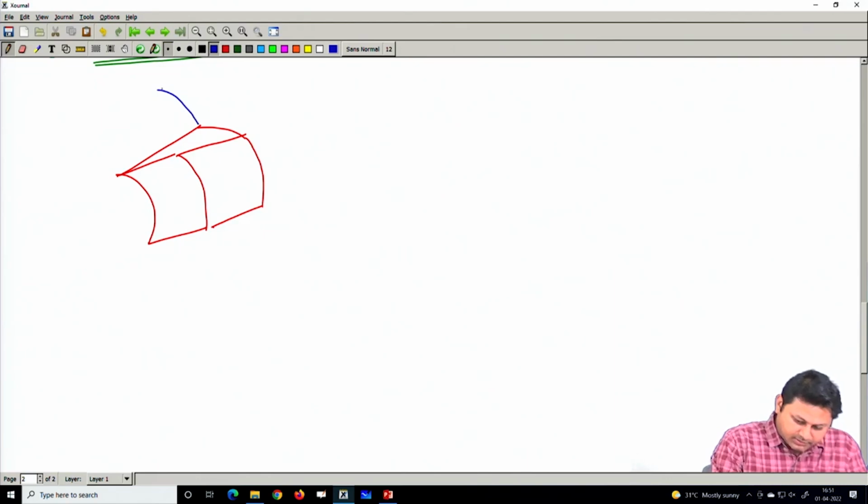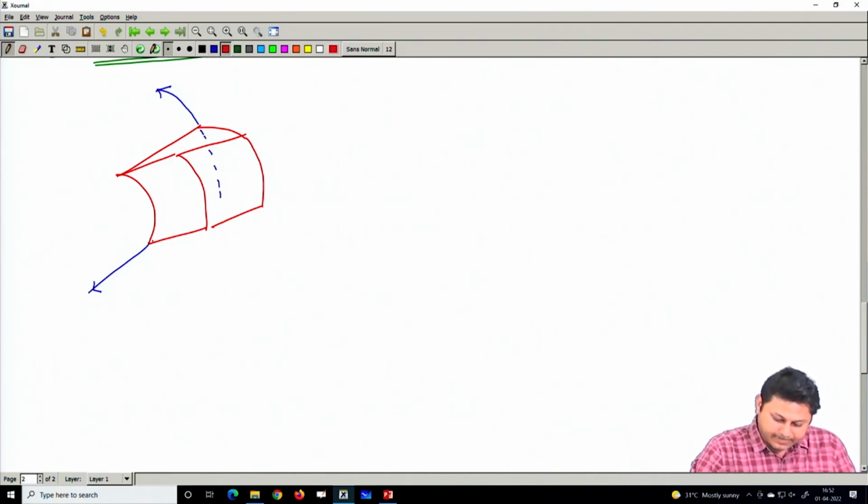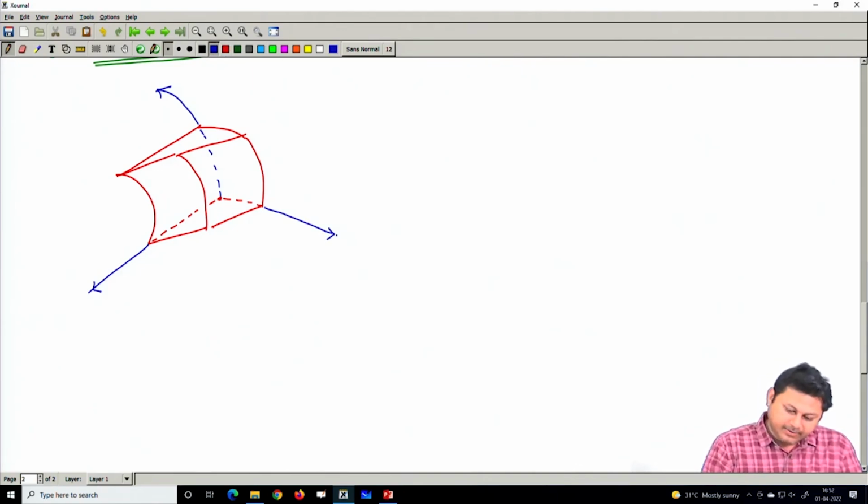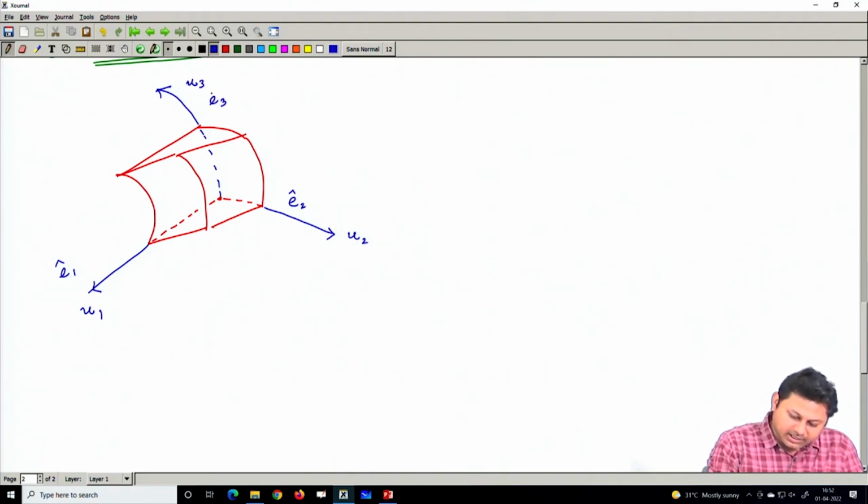So, the coordinates are like this. So, this is my u1 having unit vector e1, that is my u2 having unit vector e2, that is my u3 having unit vector e3 along this direction.